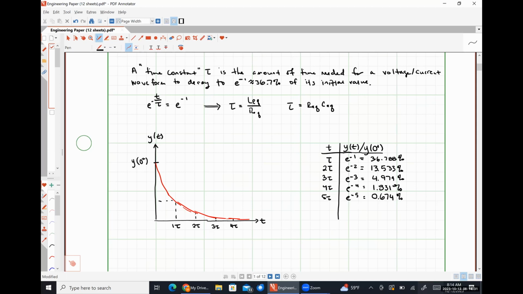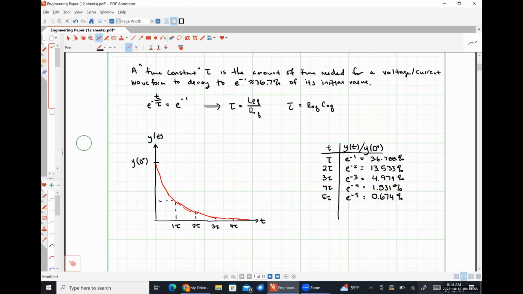So earlier, on Wednesday, when we were talking about infinity being a point of time, what we're really talking about is 5 time constants. As long as we allow enough time to elapse so that our capacitor or inductor is fully discharged, that's the same thing as infinity to an electrical engineer.